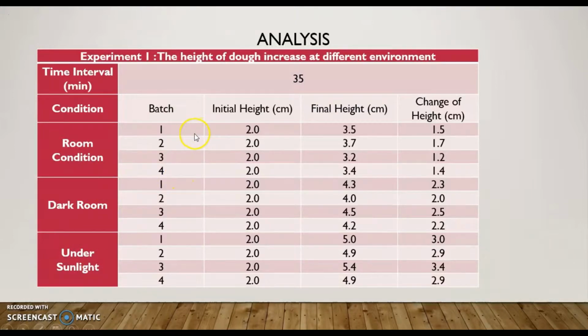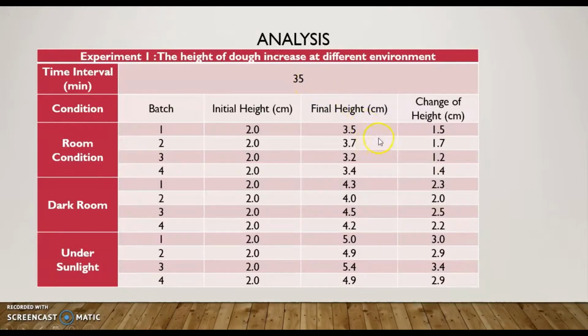We repeat each of the conditions 4 times with four batches, and we keep the initial height constant at 2 centimeter for each batch. Here we are going to calculate the final height. We observe the final height of the yeast after 35 minutes.